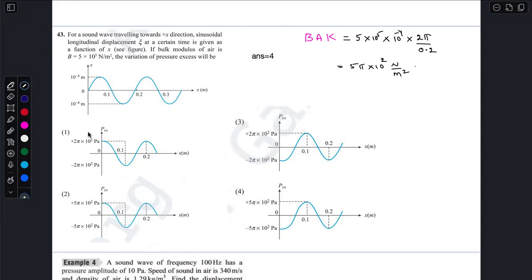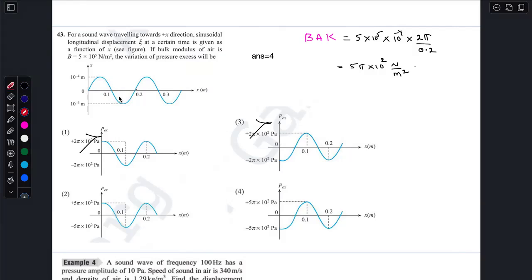Now, first of all, wrong. BAK itself is wrong. The others are okay, but the issue is, see, if you have any pressure variation, for example here, how will you get the graph? Just now we have done this. It is an A sin kx minus omega t type graph.